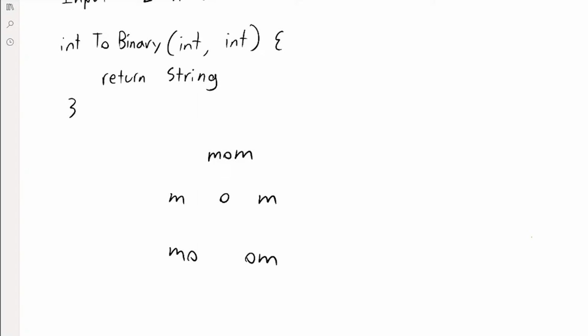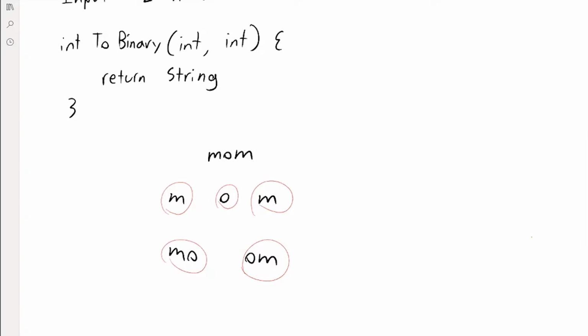So this doesn't matter about ordering, right? This is just about substrings. So how many substrings are there? We've got 1, 2, 3, 4, 5. How many of them have pairs, sets of 2 with each other?